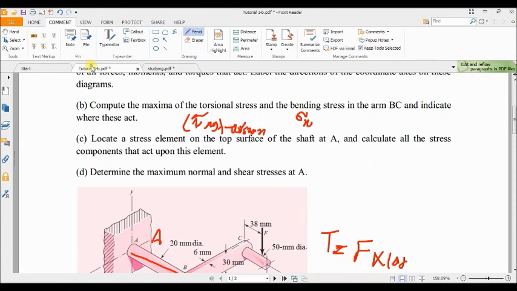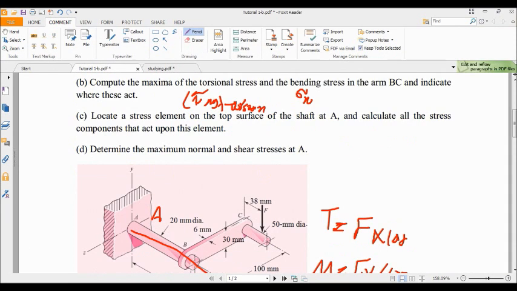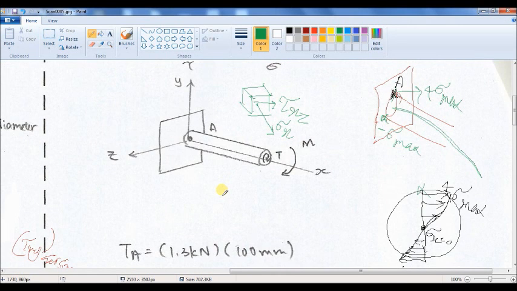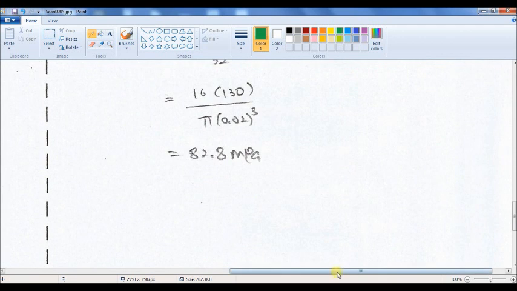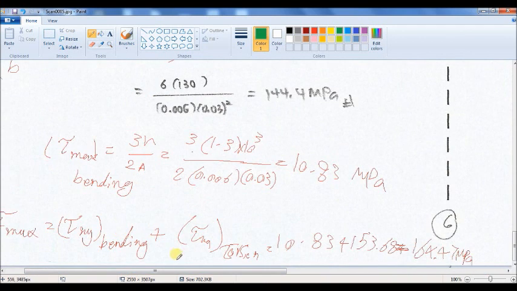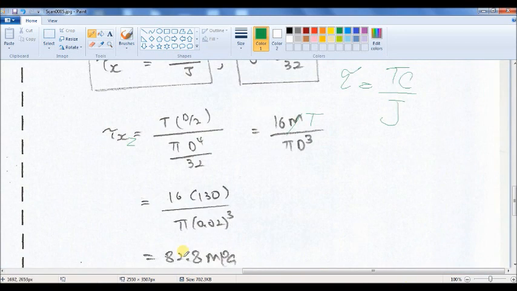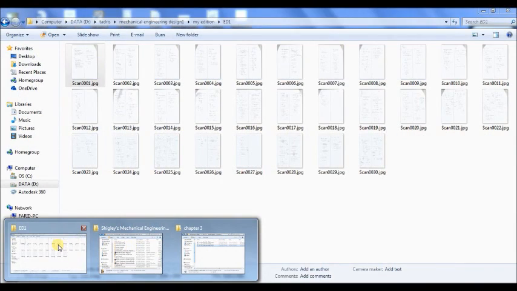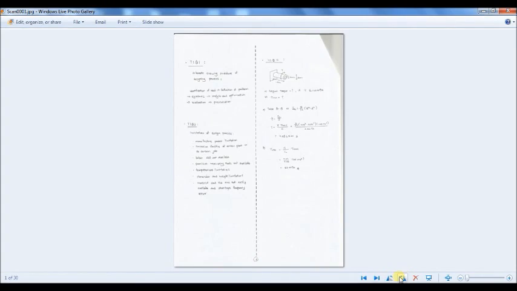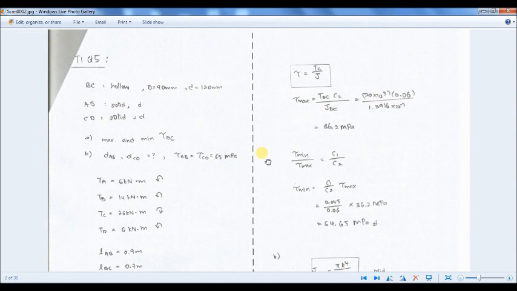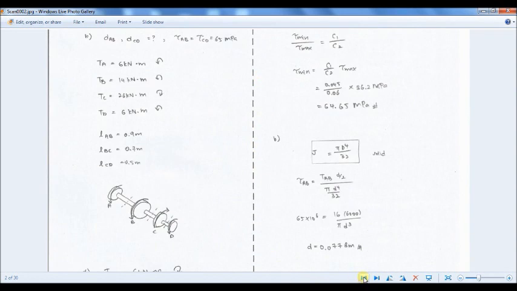In the next part of this tutorial, for example, we are required to determine the maximum normal and shear stress at point A. Okay, since axial stress and shear stress are in different planes, I have to use Mohr's circle to find the principal stresses.